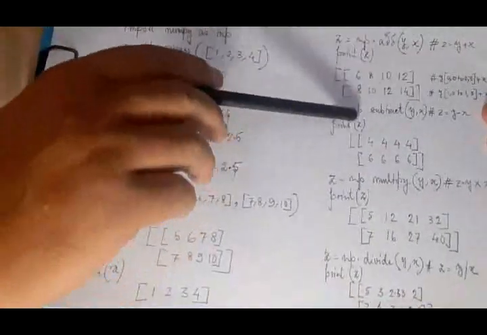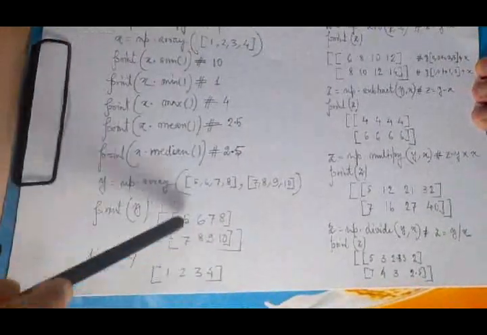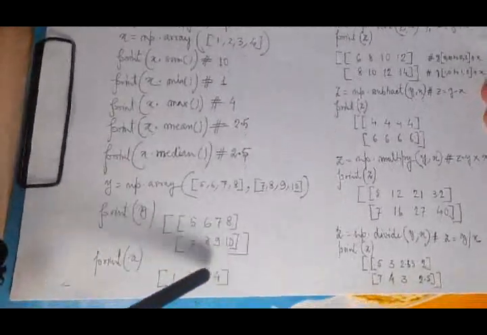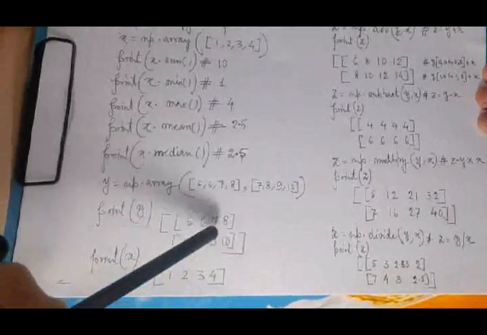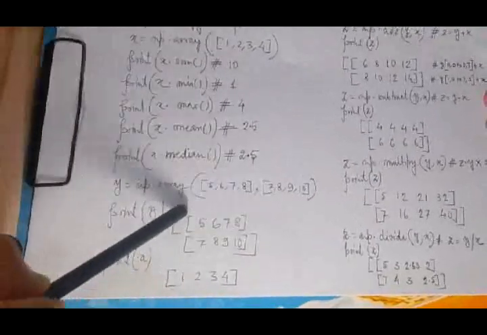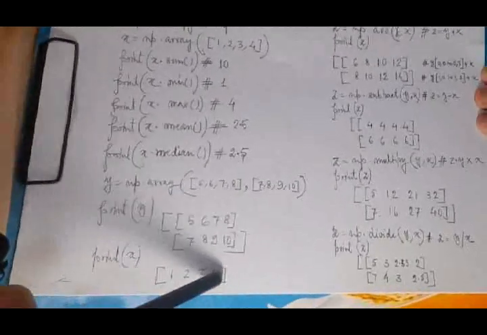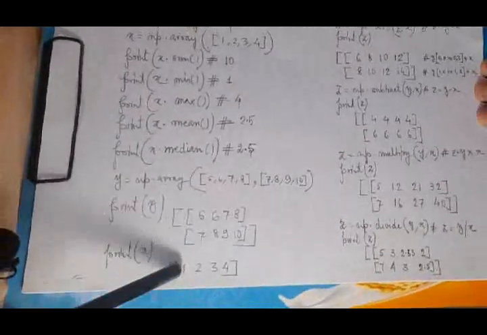Next, subtract y comma x. Values of x will be subtracted from y in the same way. These values will be subtracted from the corresponding values of the first row. Then these values of x will be subtracted from the corresponding values of the second row. See how?